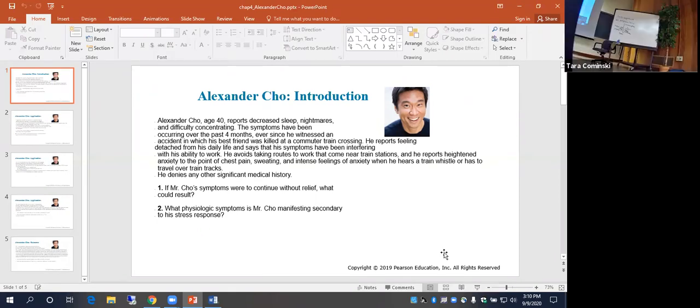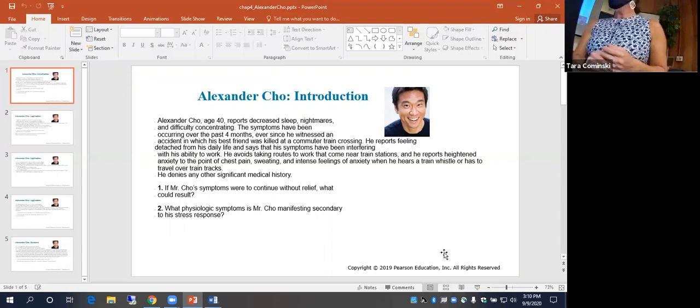Okay, good. What about things like substance abuse? Could potentially lead to something like that as well. But the idea is thinking about it can lead to disease, right? All right, good.